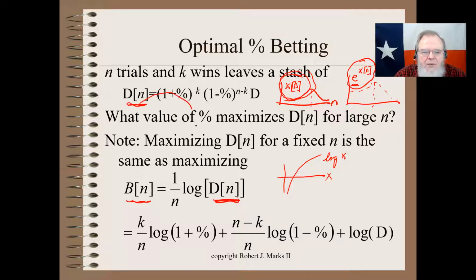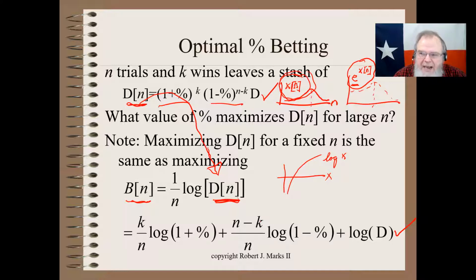So we're going to substitute it here and take the logarithm of it, and recognize that maximizing b is the same as maximizing d. If we take the logarithm of this equation on the top, we get the equation on the bottom, right? It's k over n times the log of this first thing, plus n minus k over n times the log of the second thing, plus the log of d.